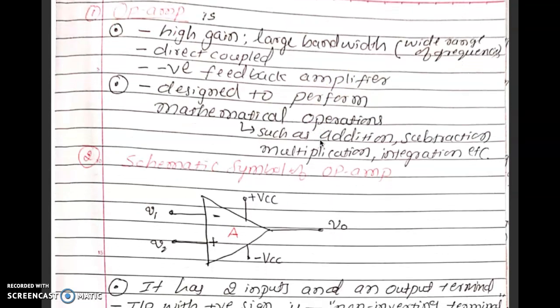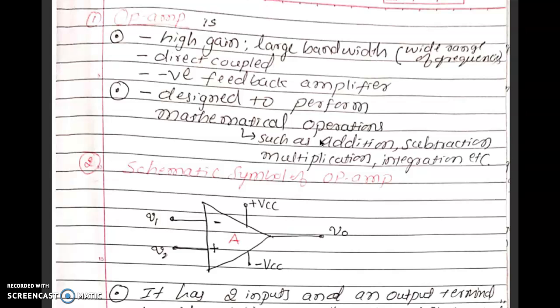Next we are going to move towards the schematic symbol of the op-amp. Op-amp is put in the symbol as this triangle, and in this triangle we are going to have two input terminals. One input terminal is marked with a negative symbol and the other with a positive symbol. So it has two inputs and one output terminal, and apart from that we are going to indicate positive power supply and negative power supply.